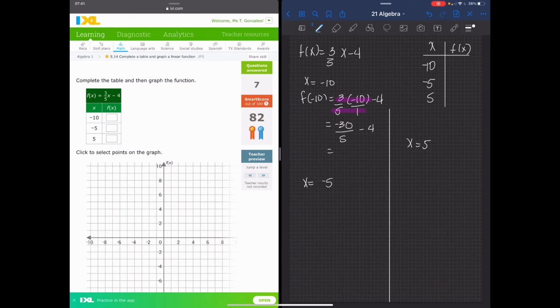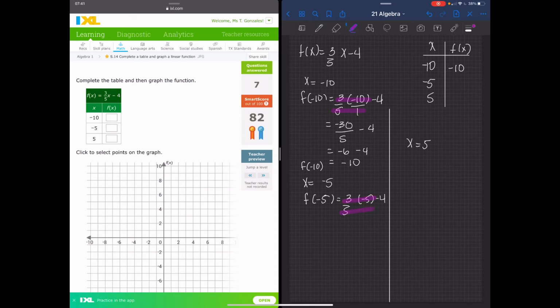And then the next step is to simplify the negative 30 over 5. It's negative 6. Bring down the negative 4. Negative 6 minus 4 is negative 10. So negative 10, the f of x is also negative 10. Okay, so for negative 5, f of negative 5 is equivalent to 3/5 times negative 5 minus 4.